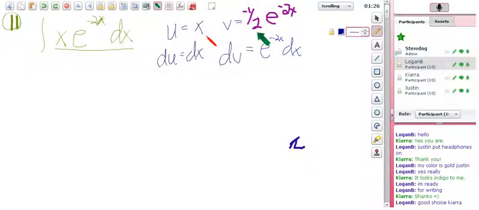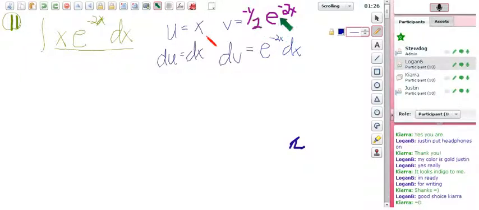Good. Yeah. If we let v be negative 1/2 e to the negative 2x, then we could check, and we won't take the time to check, but if we did and we took the derivative of what we've called v, we would get e to the negative 2x dx. Okay. So let's see if that makes our life any easier.